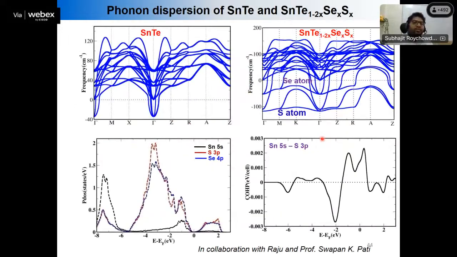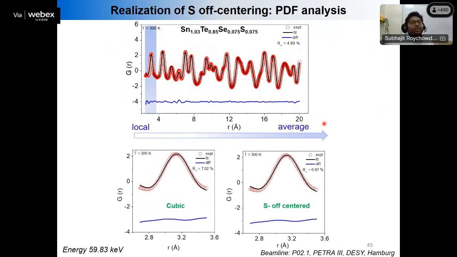Then we looked at the phonon dispersion of tin telluride in much more detail. And we observed several flat, negative or imaginary phonon modes coming from the sulfur atom. What does that physically mean? It indicates that the sulfur atom is off-centered from its own position. Now to confirm that, we did pair distribution function analysis.